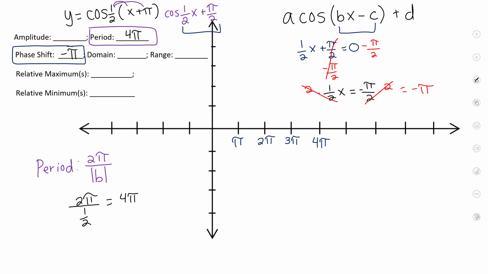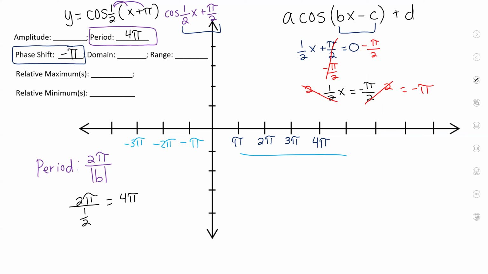That means I move to the left, negative pi. Normally, I would graph it like this and be done. However, we have to shift it to the left, so it's going to look more like this. It's going to shift over to the left. So let me do that for you. You basically copy this side over here. So negative pi, negative 2 pi, negative 3 pi, and so on.